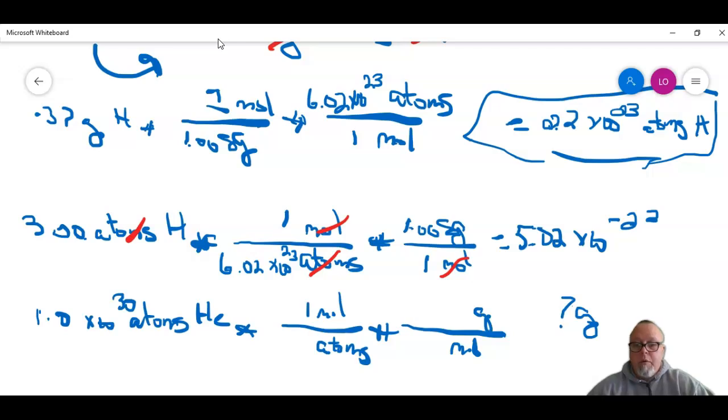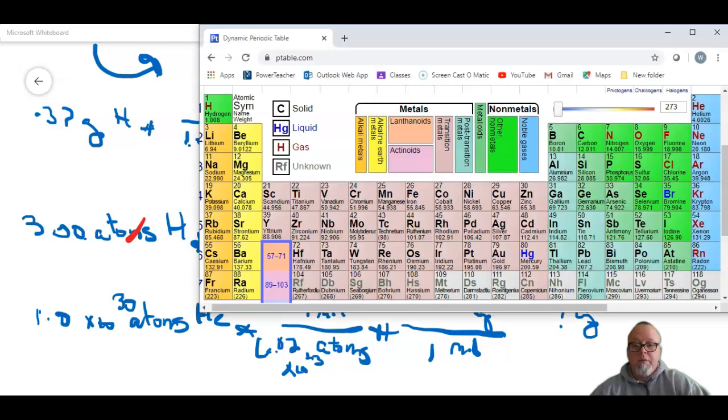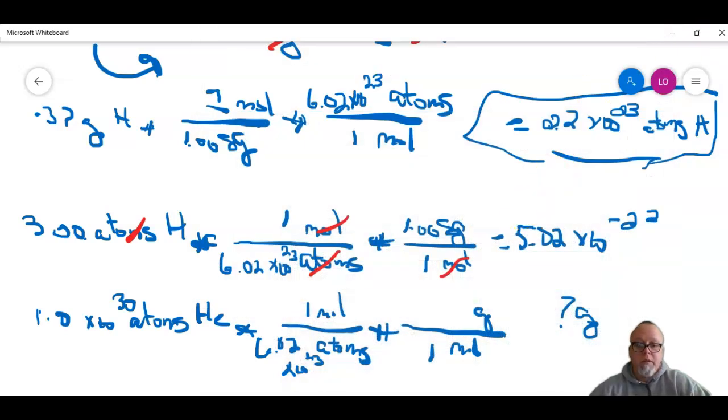So we know 1 mole has how many atoms? 6.02 times 10 to the 23rd. And 1 mole of helium has how many grams? When we look at the periodic table, it would be 4.0026.